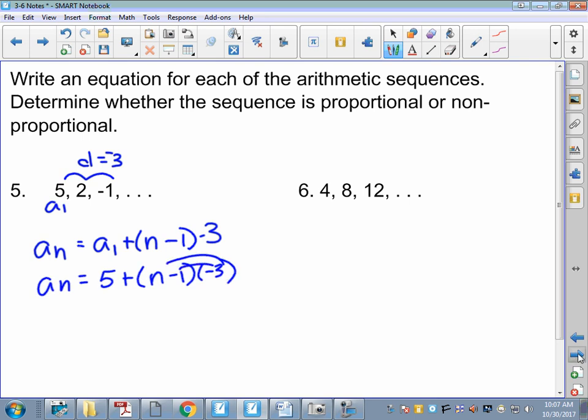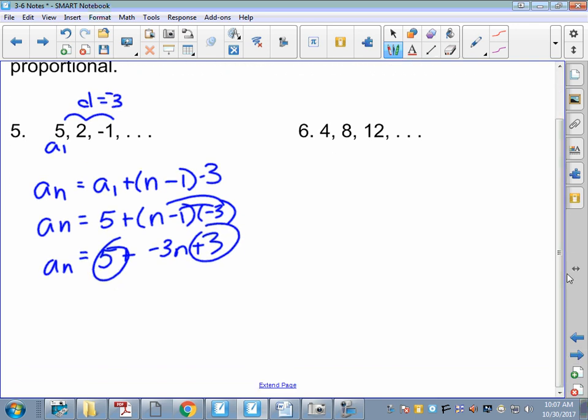Distribute my negative 3 through. My nth term, 5 plus negative 3n plus 3. So I have this positive 3 and this positive 5. My equation, a sub n, is equivalent to negative 3n plus 8.